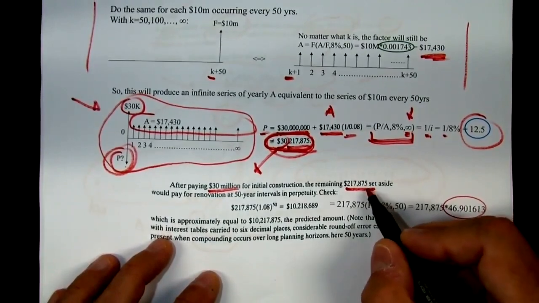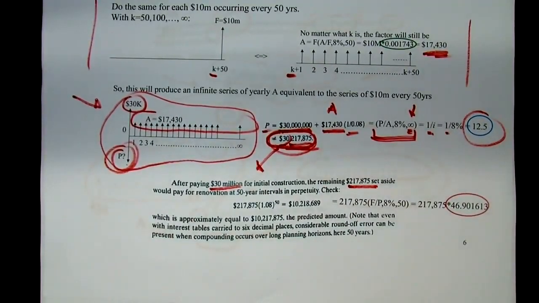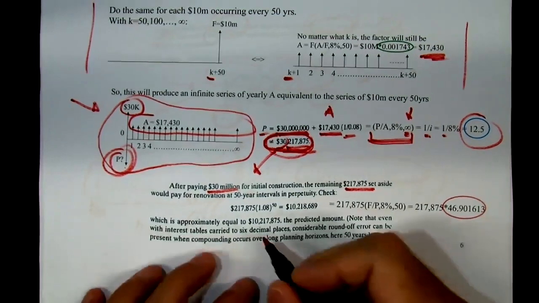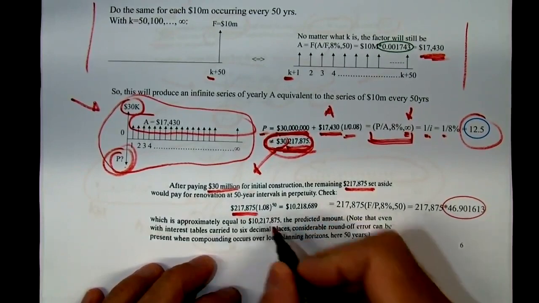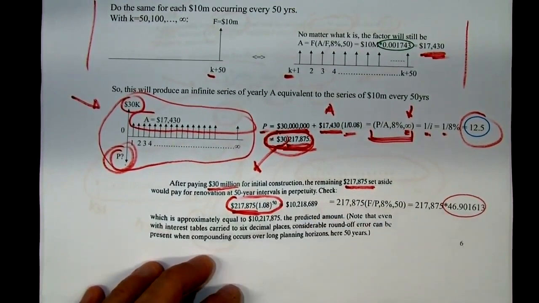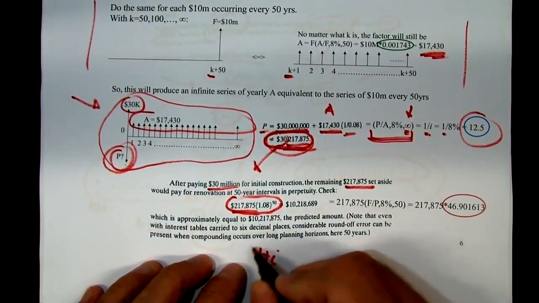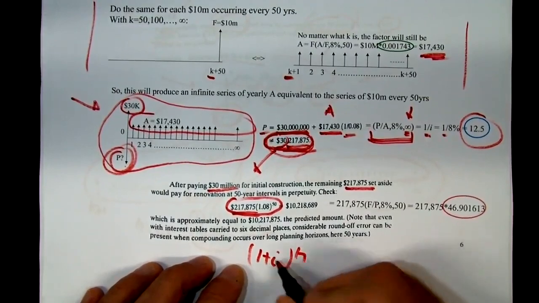Let's see what's going to happen to this that you don't touch until your 50-year first withdrawal. Okay, well, this amount of money in 50 years will grow so much using the F given P formula, which is 1 plus I to the power of n, remember that.